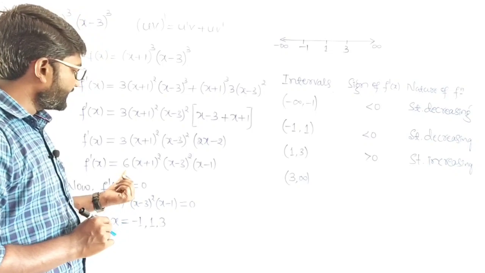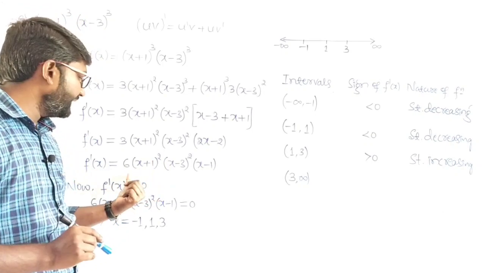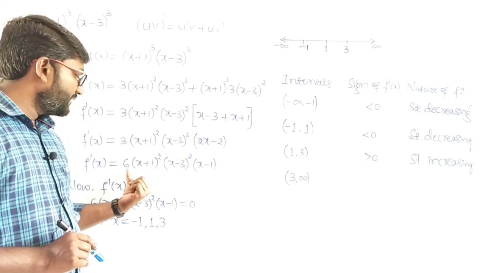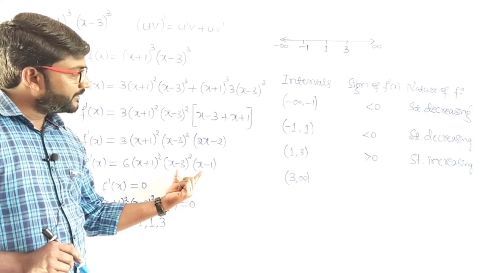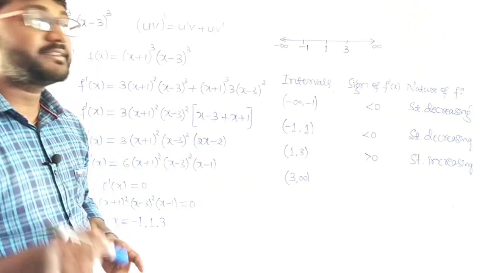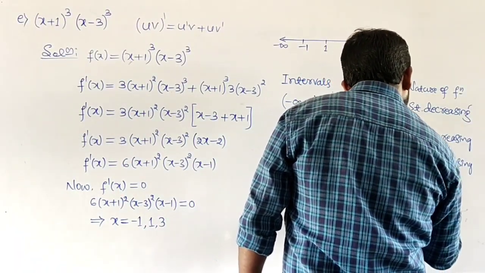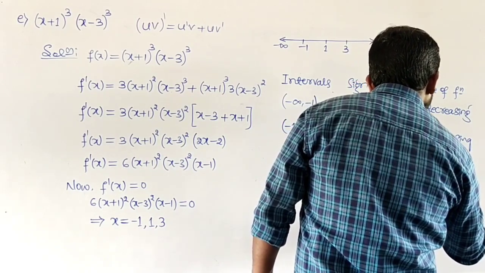See here, 6 into 5 plus 1 it is 6, 6 square, that is 36. 6 into 36, and here 5 minus 3 it is 2, 2 square will be 4. 6 into 36 into 4, and here 5 minus 1 it is 4. So if you multiply all the numbers, it will be greater than 0. That means it is strictly increasing.